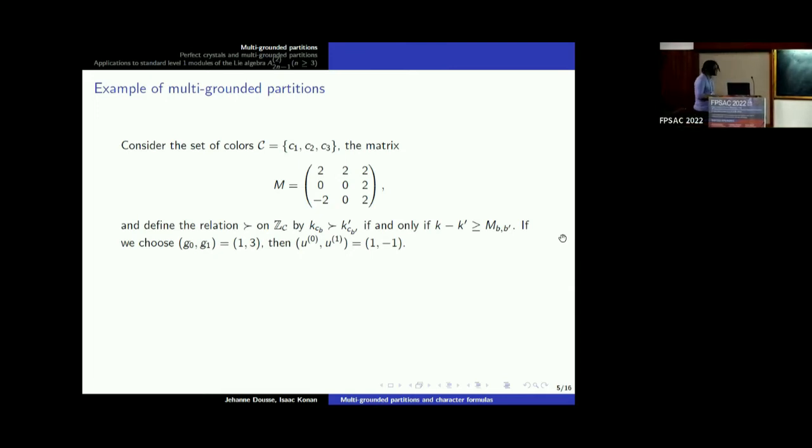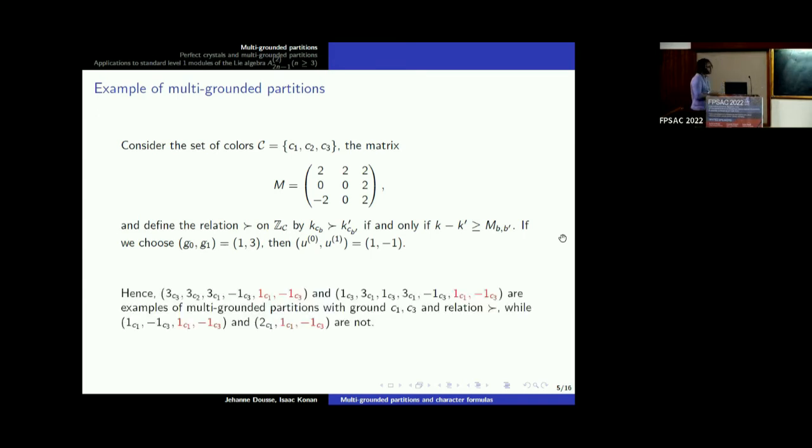And by doing this, when you choose G, so the 2 colors to be C1 and C3, you must have that the integers must be -1 and 1 and -1, and you have the following allowed multi-ground partition, and this one is not.